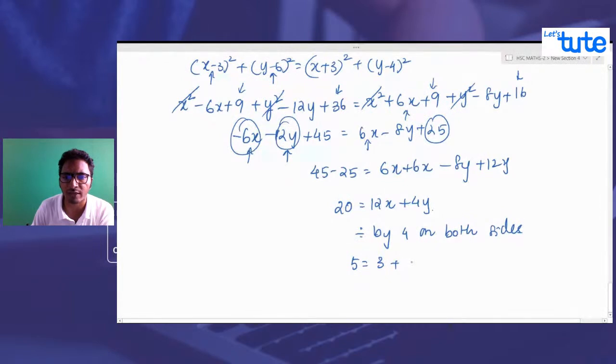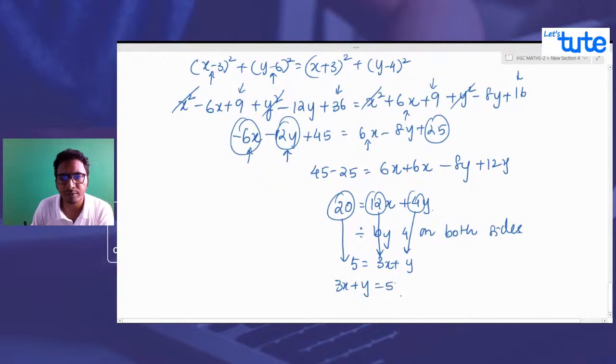So we'll get only y. After dividing by 4 on both sides, from here we got 5, from here we got 3, and from here we got only 1y. So basically we got 3x plus y equals 5.